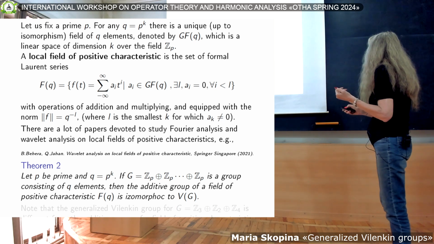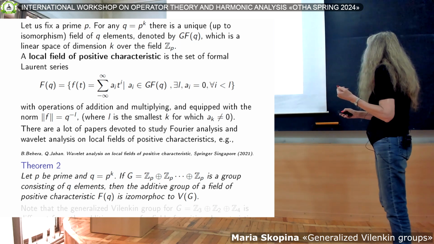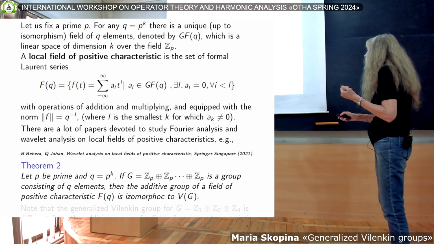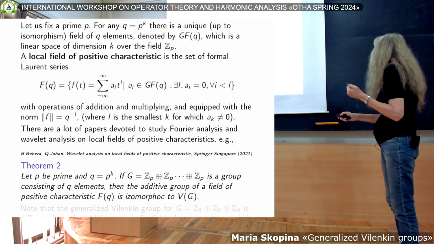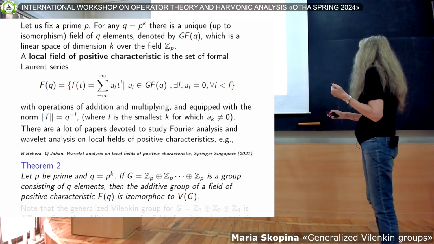If G is a group consisting of q elements, then the additive group of a field of positive characteristic, just F_q, is isomorphic to our generalized Vilenkin group.